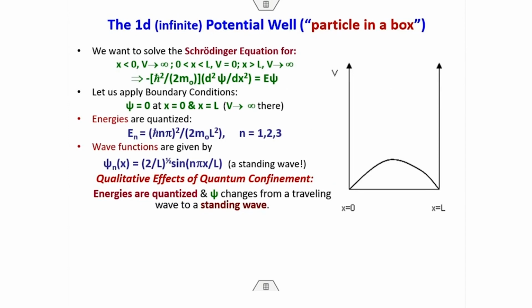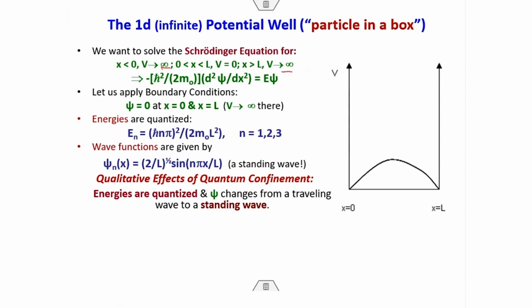To understand it, I described the problem of a particle in a box. It is a one dimensional calculation of energy and the wave function using the Schrodinger equation. You know that we can consider an electron or a particle sitting in a potential well bounded by two boundaries which have a very high value of potential, almost like infinite, and that is what is shown here as infinite, and in between it can stay.